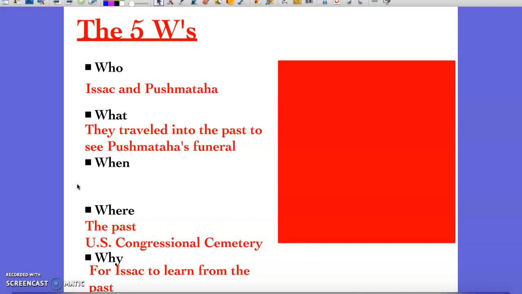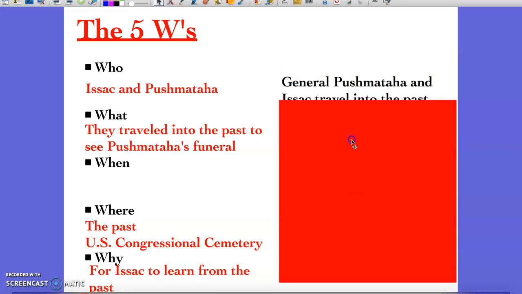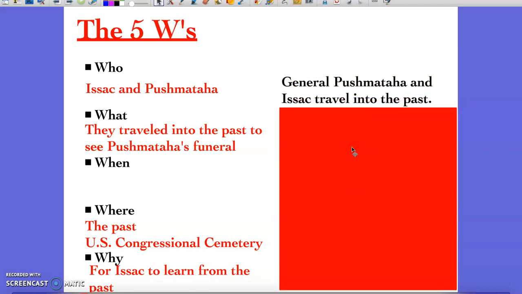So for my summary, I'm going to take all of these pieces of information and I'm going to put them into 3 sentences. So I'm not going to say all of this exactly word for word, but I'm going to do my best to put it all into 3 sentences that basically says all of this, okay? So, for my first sentence, I say General Pushmataha and Isaac travel into the past.